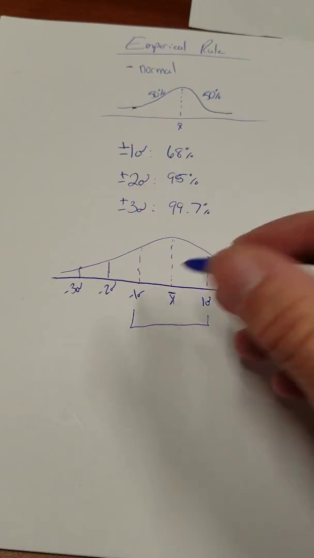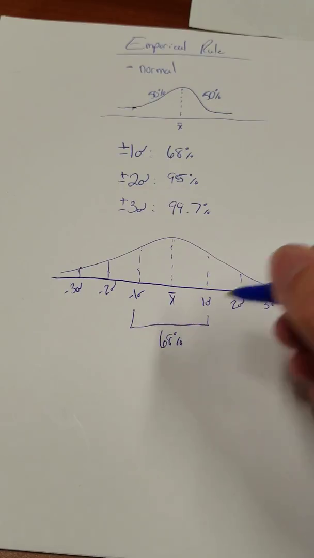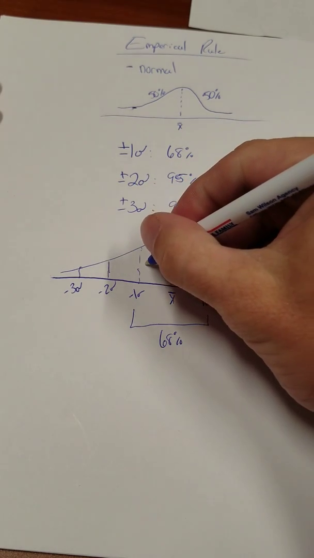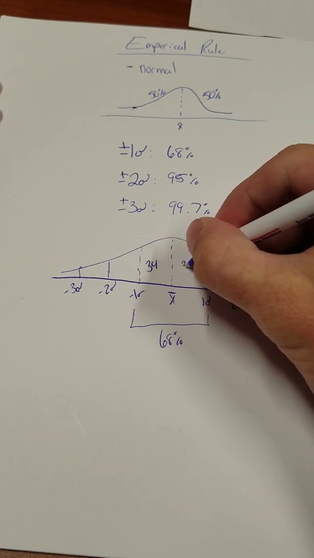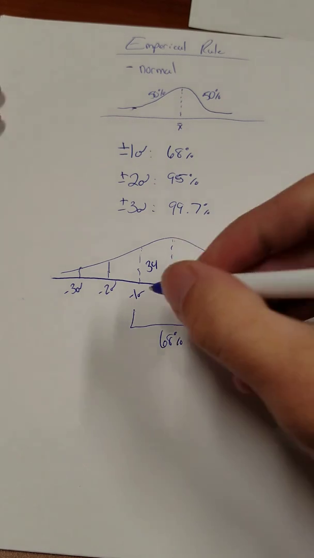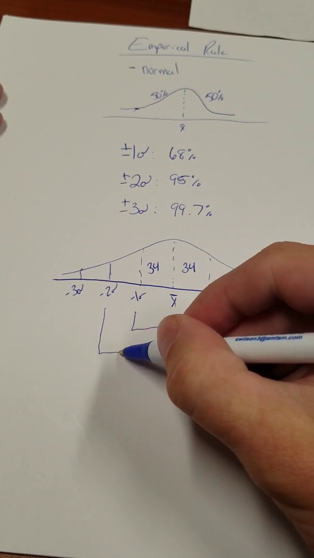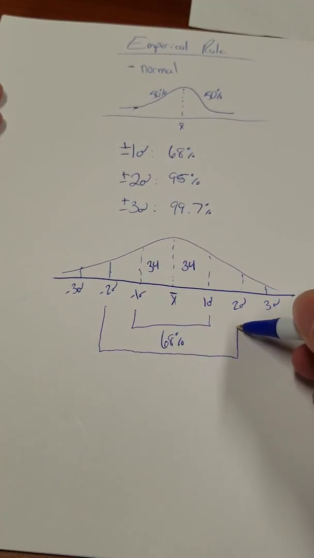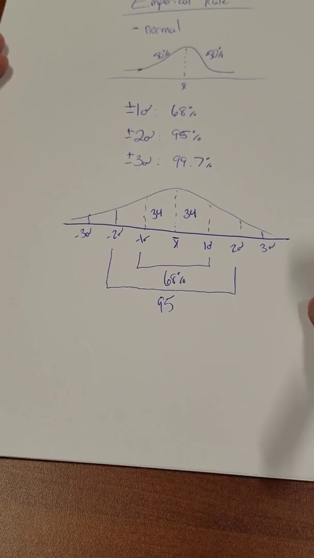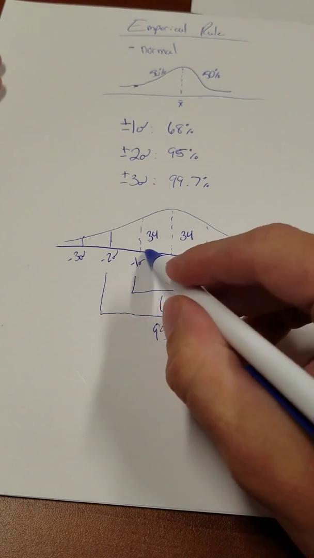Between here and here is 68% of our data. But it's also split into 2 equal regions, which means this is 34% and that is 34%. Okay, 68 divided by 2. Between 2 standard deviations is 95% of my data. So we've already taken up 68%.